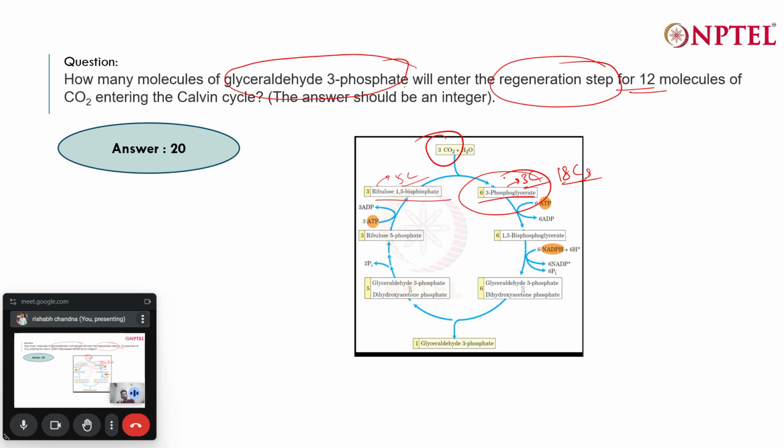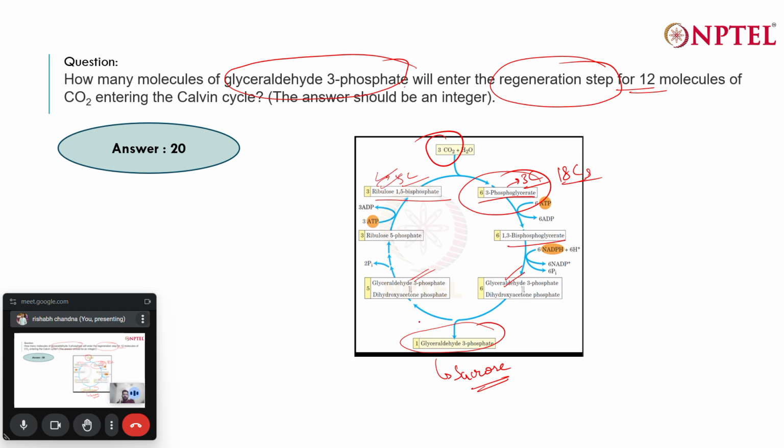From this, 6 molecules of 1,3-bisphosphoglycerate are formed, then 6 molecules of glyceraldehyde 3-phosphate and dihydroxyacetone phosphate are formed. From here, one molecule of glyceraldehyde 3-phosphate actually enters the sucrose forming pathway in plants. Now, 5 molecules of glyceraldehyde 3-phosphate enter the regeneration step for formation of the RuBP.